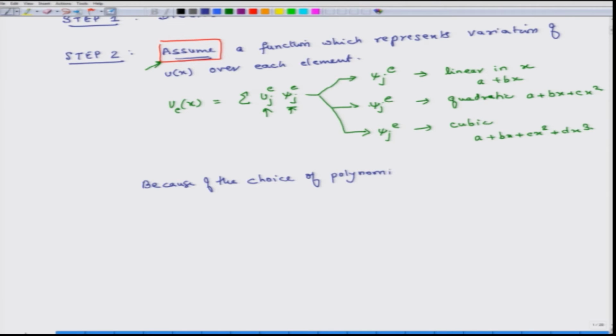Because of the choice of polynomial function representing u^e, that is u on the eth element, an error is introduced. And this type of error is called approximation error.